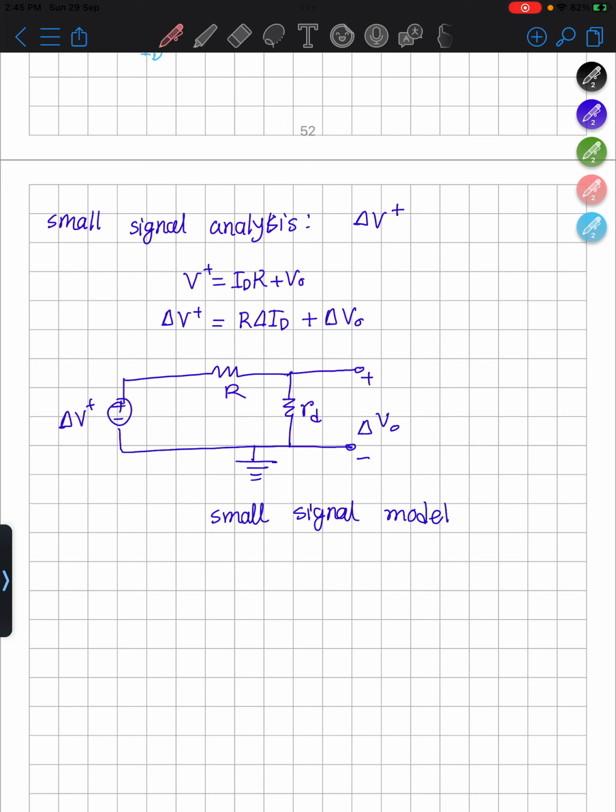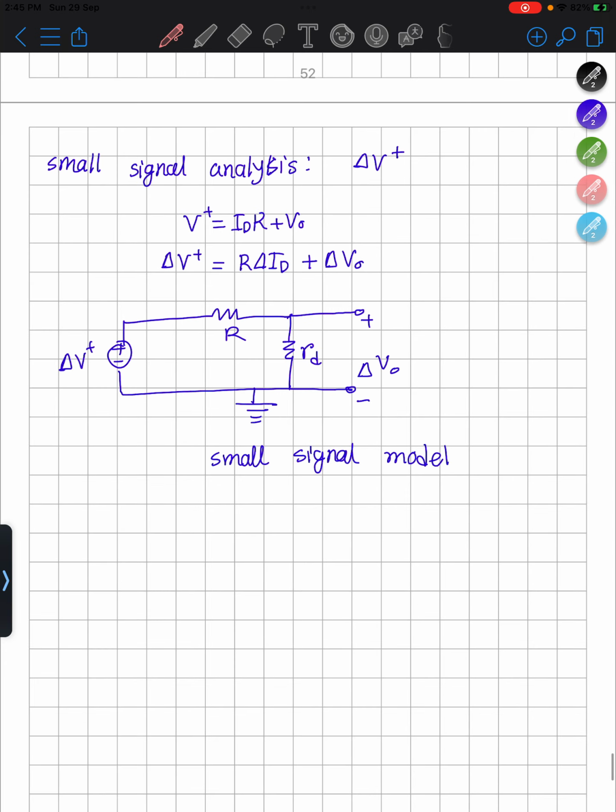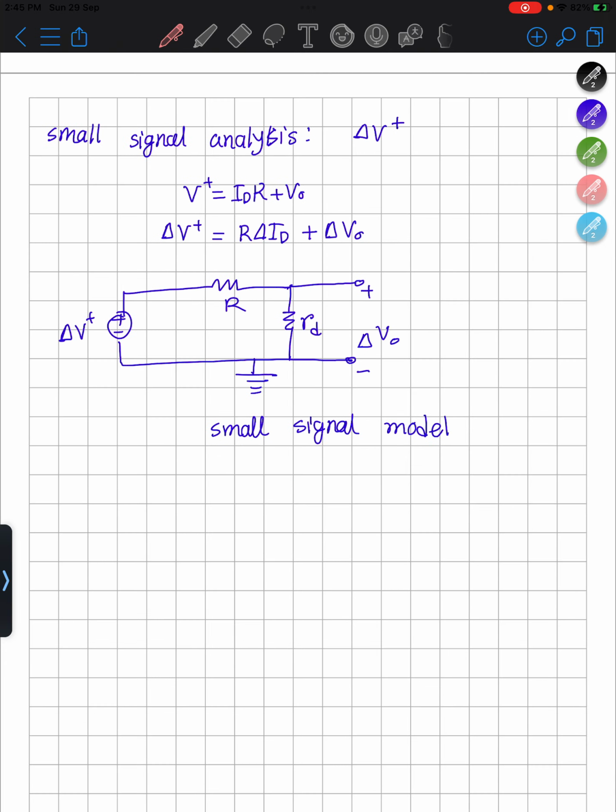And now if we want to find the ratio of del V naught over del V plus, like the ratio of the output voltage and the input voltage, we just need to do some calculation. We know that RD is equal to VT over ID.